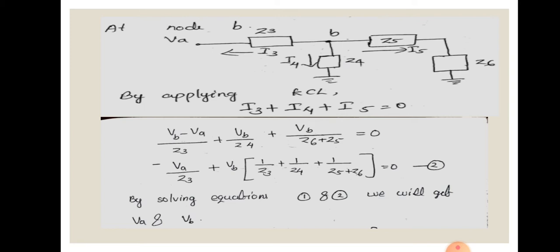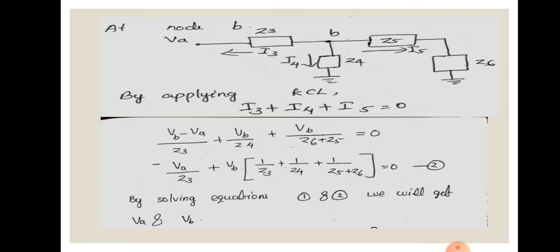Similarly, you can write I3 as (VB minus VA) by Z3, I4 equal to VB by Z4, and I5 equal to VB by (Z5 plus Z6), because in that branch Z5 and Z6 are connected in series, so the current through that branch will be VB divided by (Z5 plus Z6). So Kirchhoff's current law can be written as (VB minus VA) by Z3 plus VB by Z4 plus VB by (Z5 plus Z6) equal to 0.